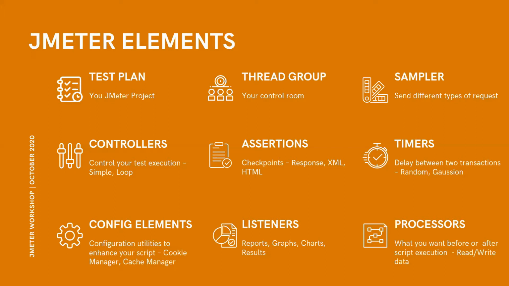You need to work with all the different components. You should have the sampler, controller, sessions, and all. But all the things will be there inside the thread group. There can be one thread group, there can be multiple thread groups in JMeter. Test plan will be only one because it's a project. Inside the project, we can have multiple thread groups, right? So that's one particular element.